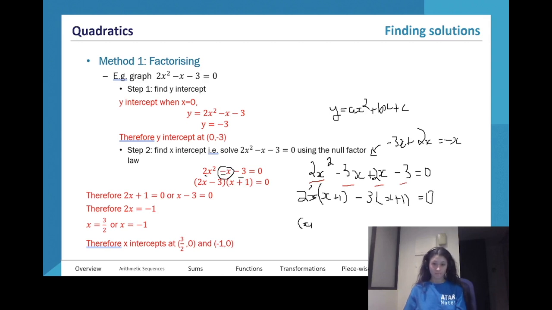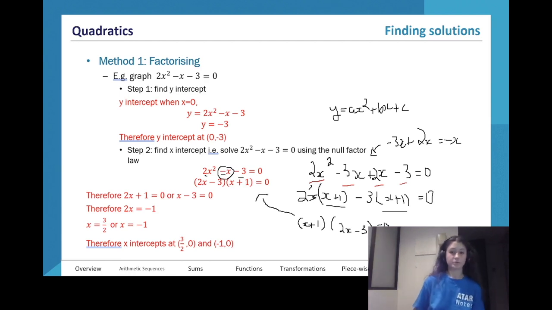So we can pull it out, and then 2x take 3 is what we're left with in the remaining brackets. And then this is what we're left with up here.